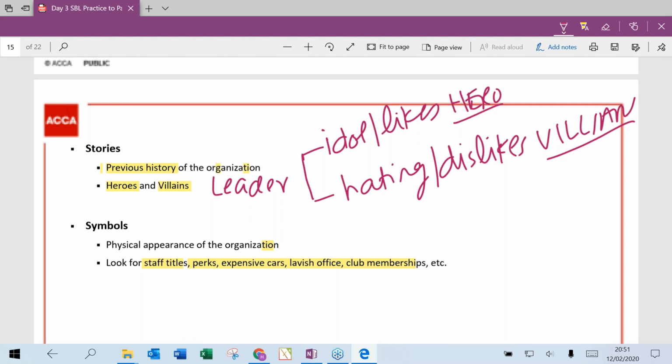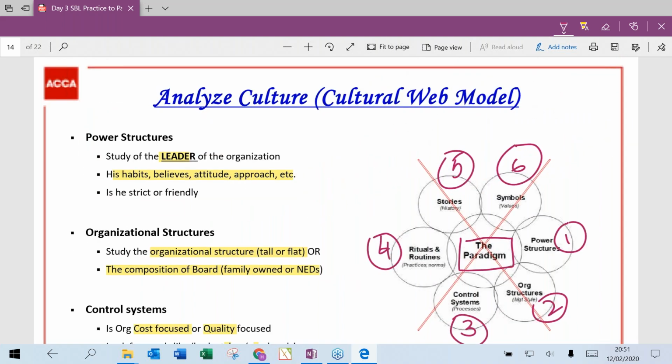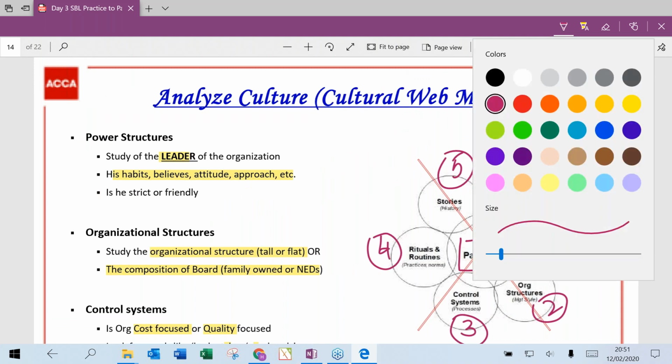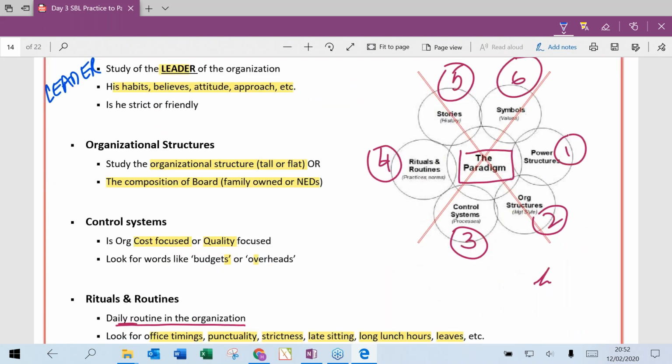Right. So if I try to summarize, under power, we look at the leader. In the organizational structure, what are the keywords we look at? We look at the structure, organizational structure or hierarchy, or the board of directors composition.